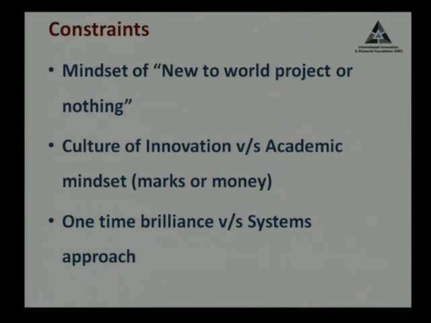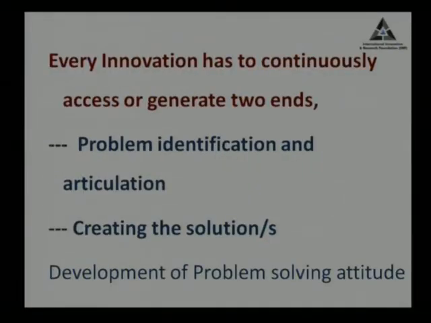But how can you transfer that idea to somebody else? Or can you do that again? And that's where the constraint sometimes is that we are brilliant only once because we have not followed a process. We have not followed a system. And that's one of the constraints that is being addressed. So these were the constraints that we looked at. Now we move ahead and look at innovation.